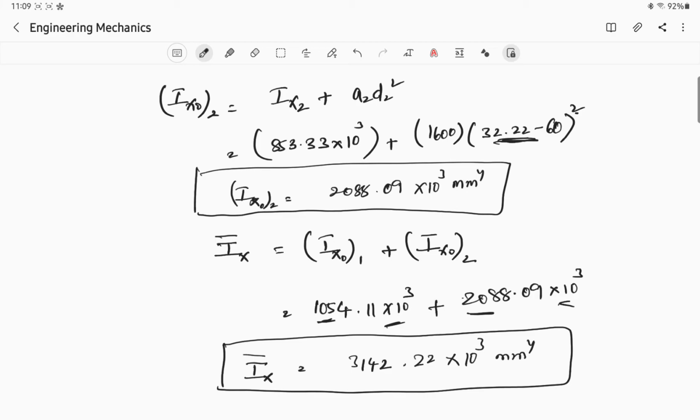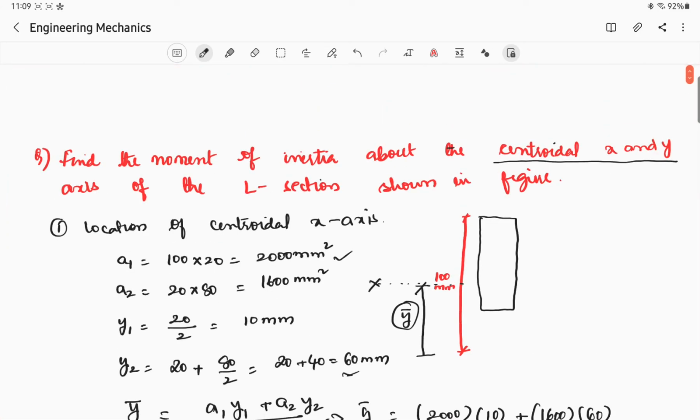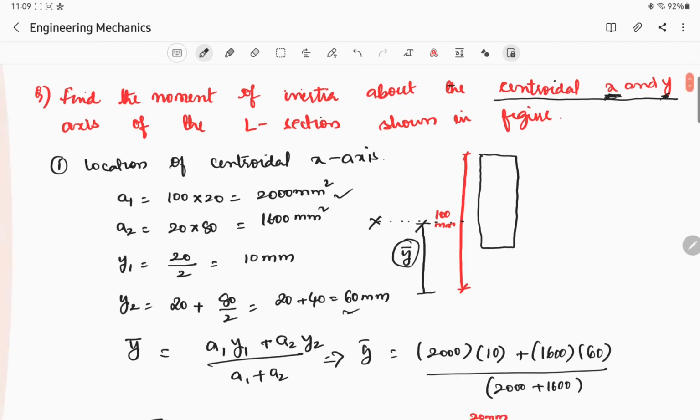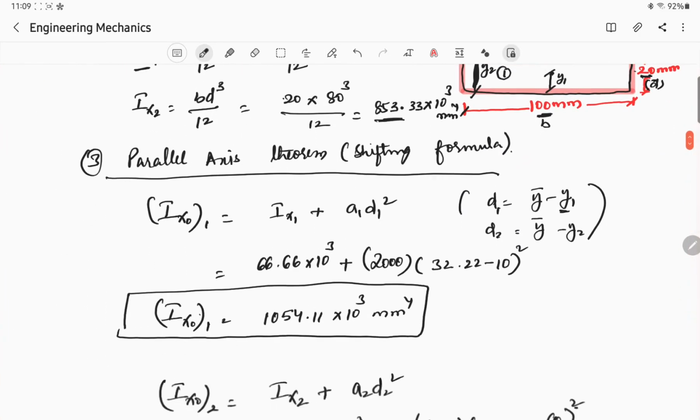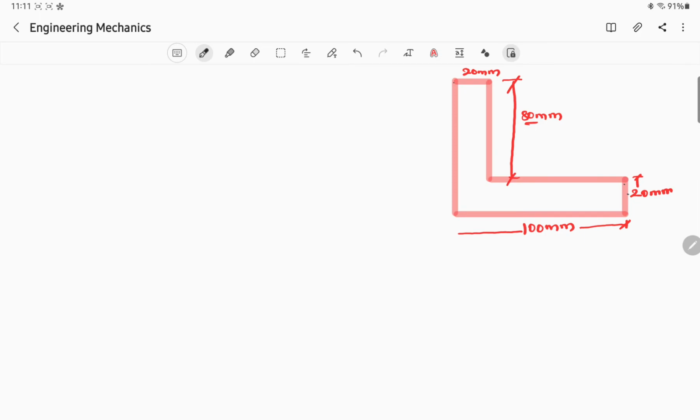Now moment of inertia about its centroidal y-axis we will calculate. Since he is asking us to calculate moment of inertia about its centroidal x-axis, we have calculated Ix bar. Now we will calculate Iy bar. So how to calculate that? Now we will calculate moment of inertia about centroidal y-axis.